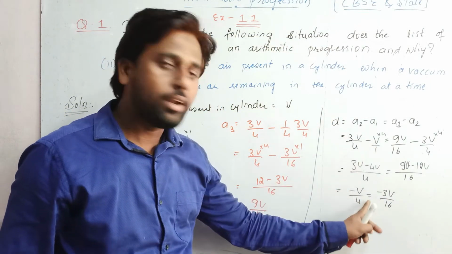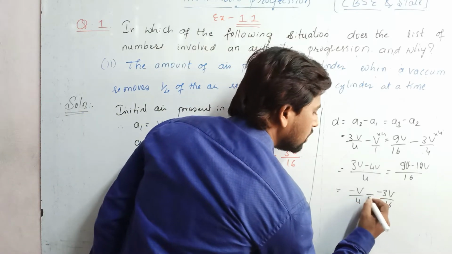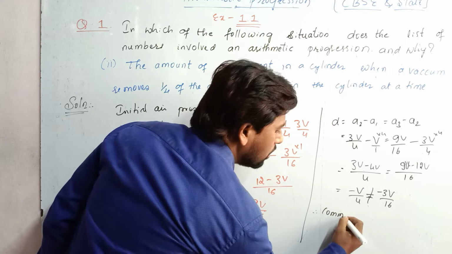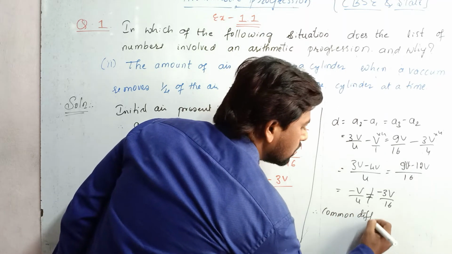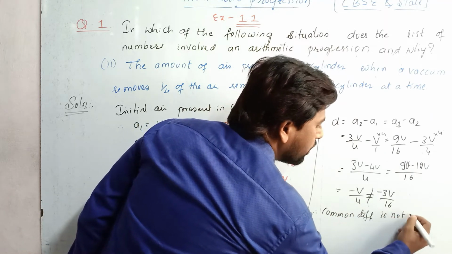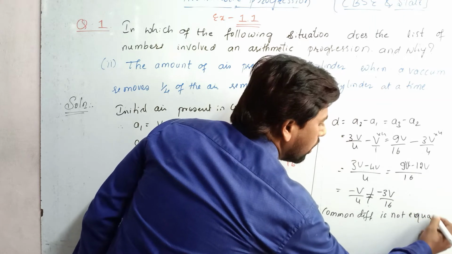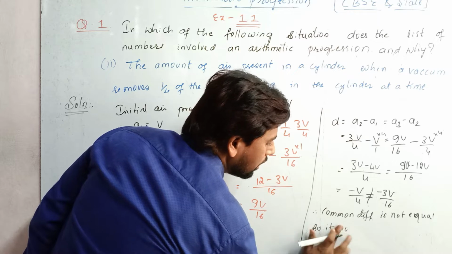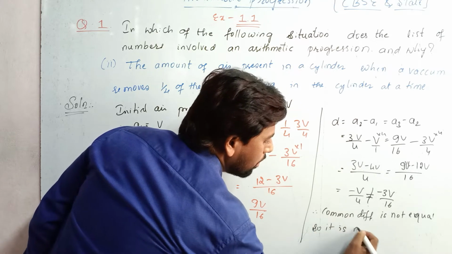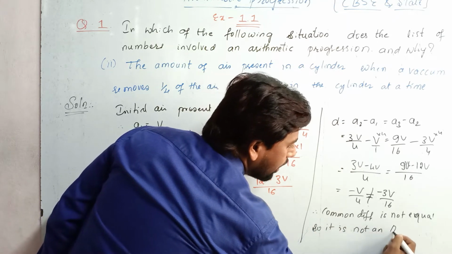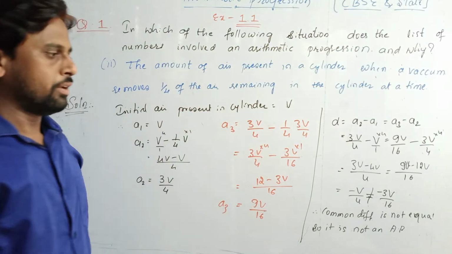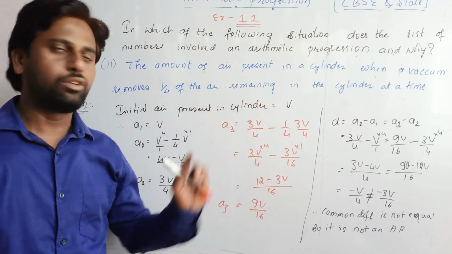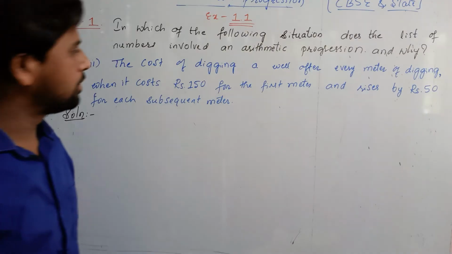Common difference is not equal. So it is unequal. Therefore, common difference is not equal. So it is not an AP. So this is your answer. So the given situation is not there in AP.